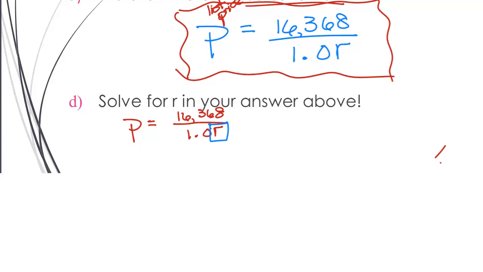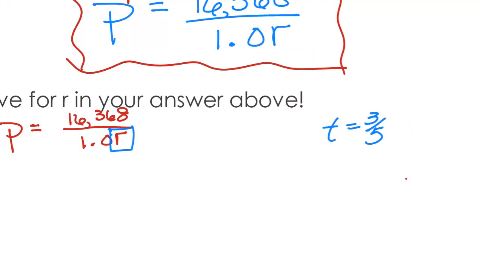So, like if I said T equals 3/5, what could I do over here to get 5 out from being in the denominator? Multiply by 5.